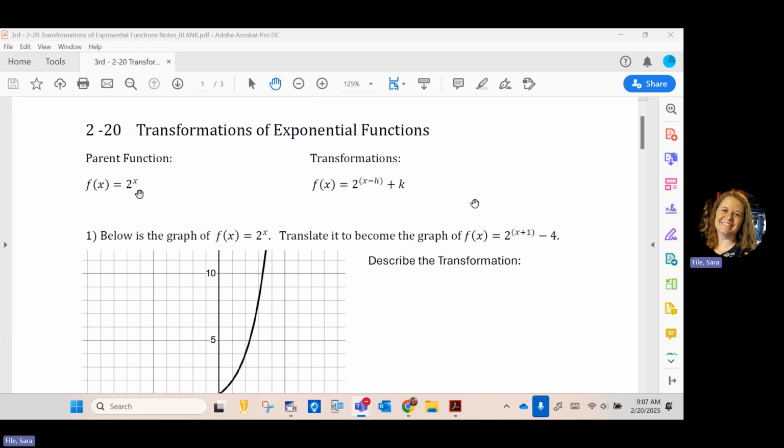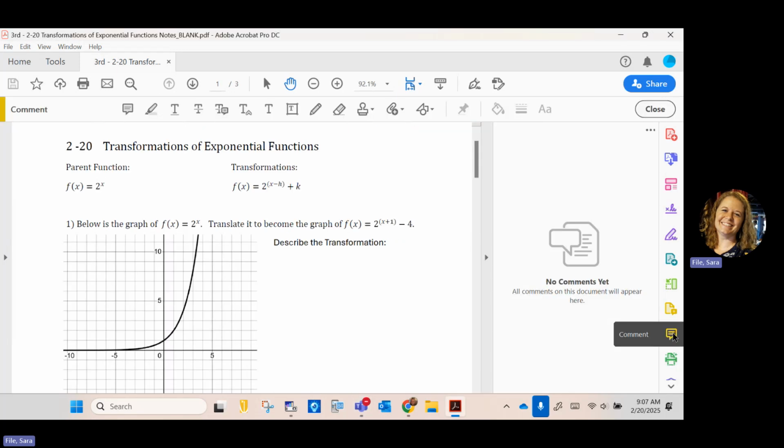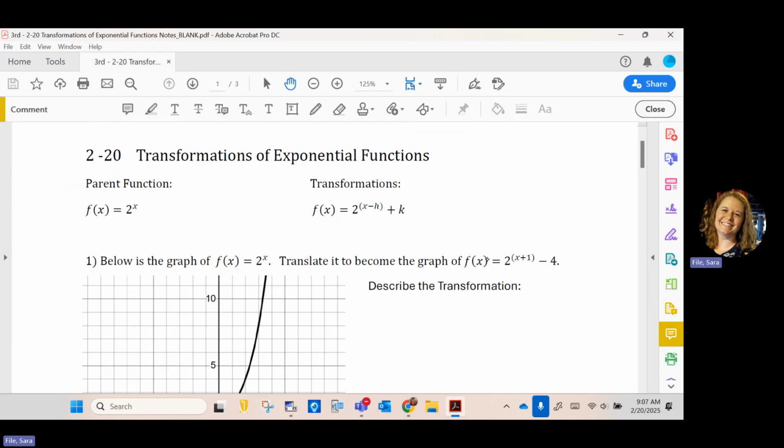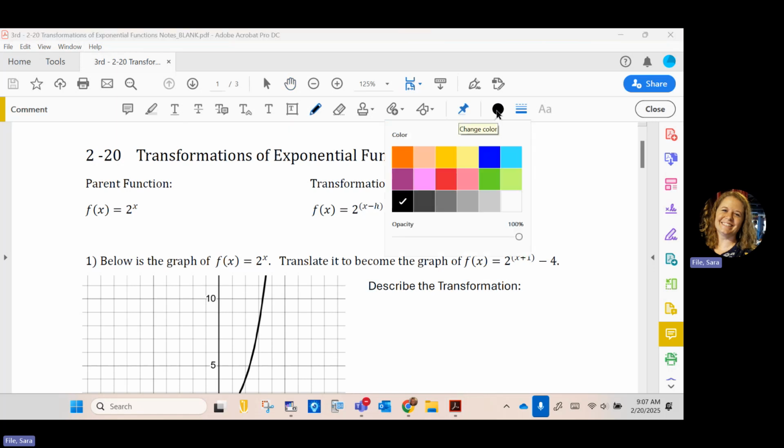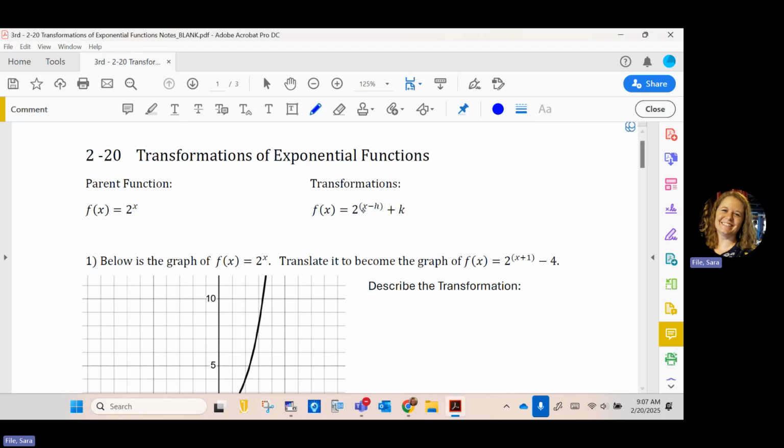So our h is our horizontal shift, and that is always subtracted from x. So since x is in the exponent for exponential functions, that minus h is up here in the exponent with the x.